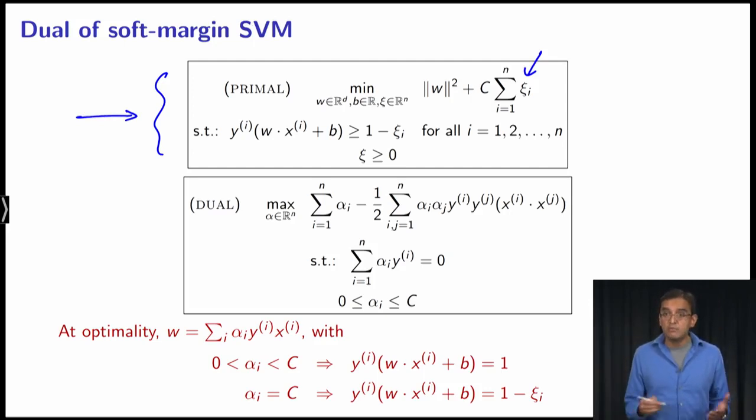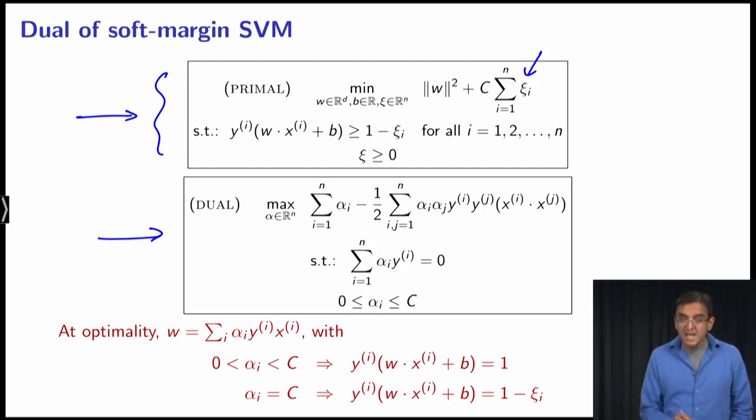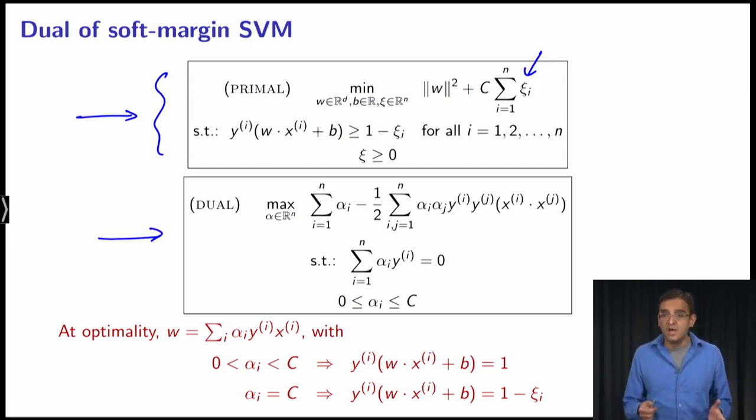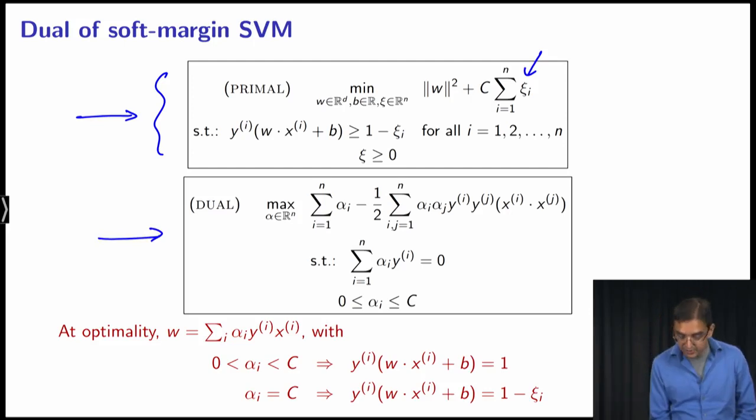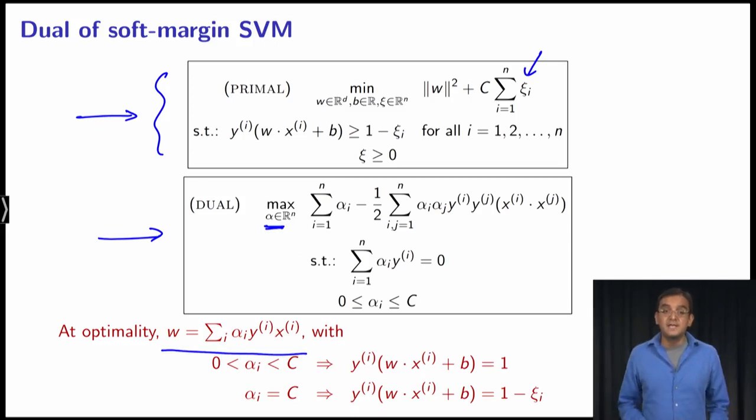And once again, we can write down a dual problem. And the dual, in fact, looks a whole lot like the dual for the hard margin SVM. And the solution, again, gives us these coefficients alpha, where the W we want is just given by a linear combination of the data points with these coefficients alpha. Now, when we use complementary slackness, we find that in this case, there are actually two kinds of support vectors.